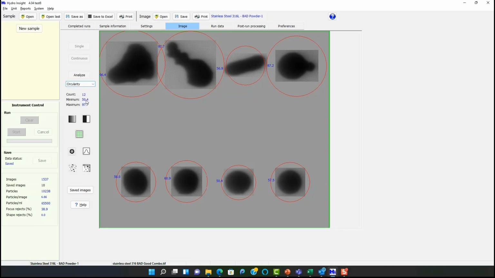We'll also be looking at circularity. Again, the closer they get to one, the more round they are. The further away, the less round they are. And we'll look at smoothness as well. All of this is done live in real time when we capture the information as we're running it with the Mastersizer.